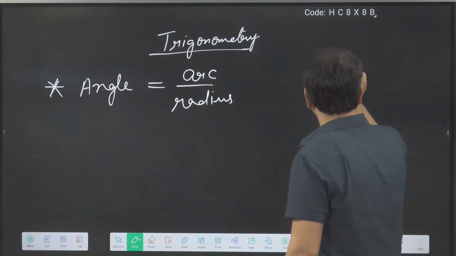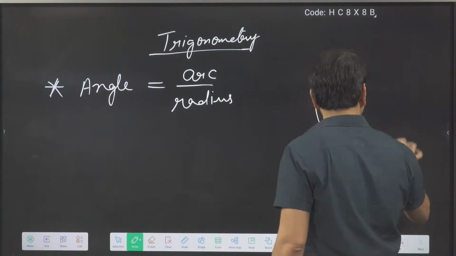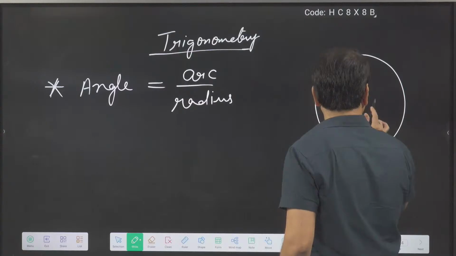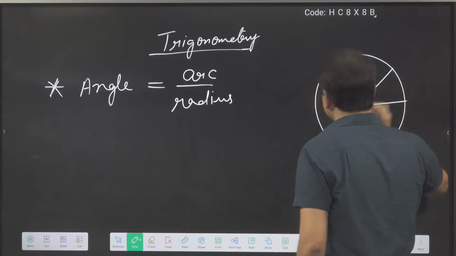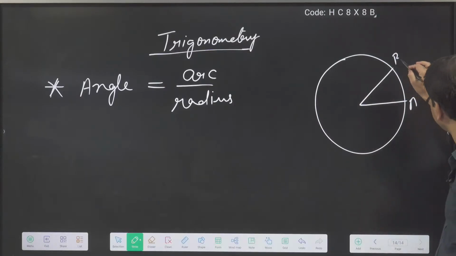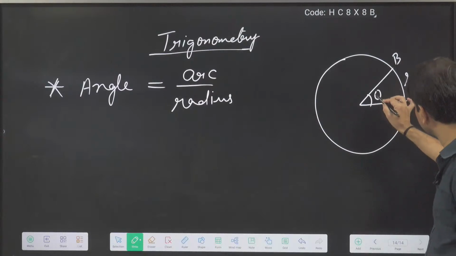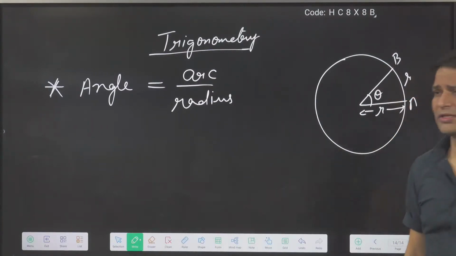Suppose I am taking a circle and any small part of the arc. Suppose this is arc AB, and its length is S. This angle is theta and the radius is R.